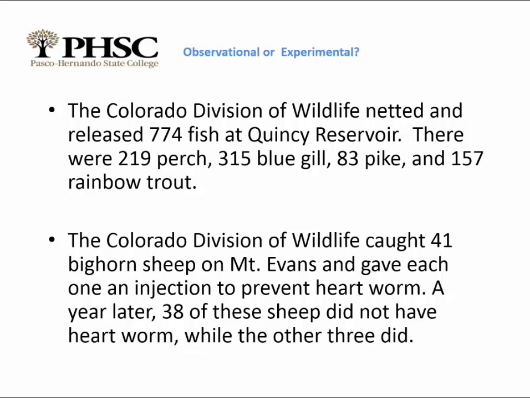A year later, 38 of these sheep did not have heartworm, while the other 3 did. The first one is observational because nothing was changed. All the researchers did was catch them, measure them, and then put them back. The second one is experimental because they gave them the injection to prevent heartworm. So they actually did something that can ultimately change a variable.